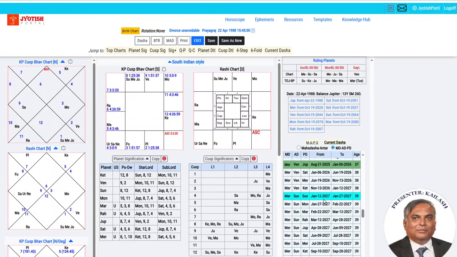And in 2027, he will have the Sun period. Sun is actually very bad in this horoscope. And currently, since he is running the Jupiter Pratyantar, even if Jupiter is bad, still Jupiter is Guru. So this is the right time that he should do the remedy, and that way he will have some divine help.